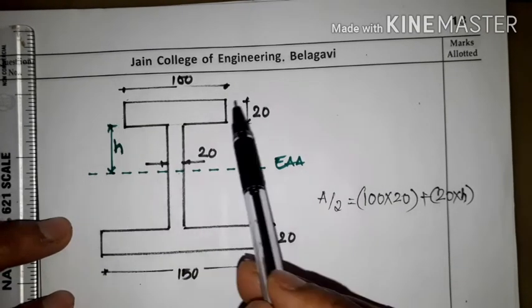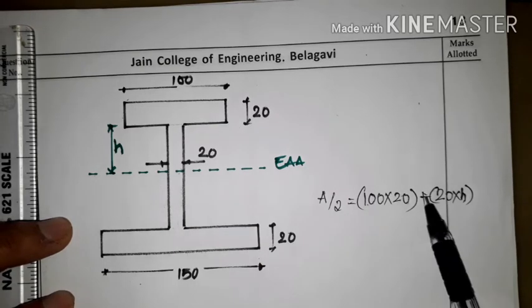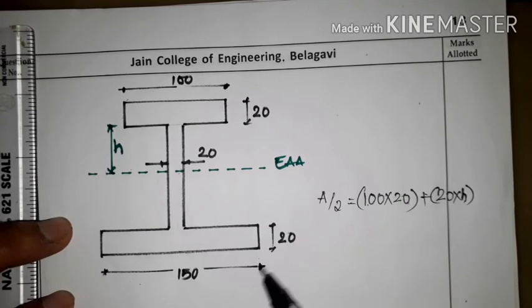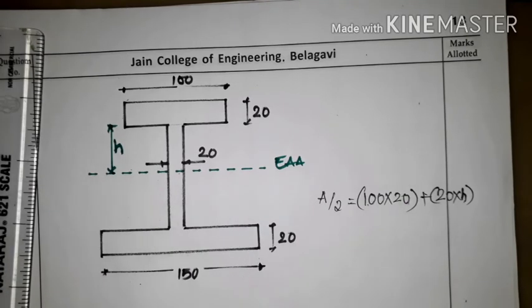So 100 into 20 plus 20 into H should be equal to A by 2.